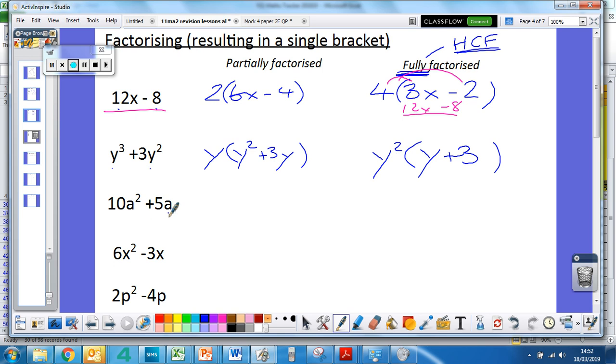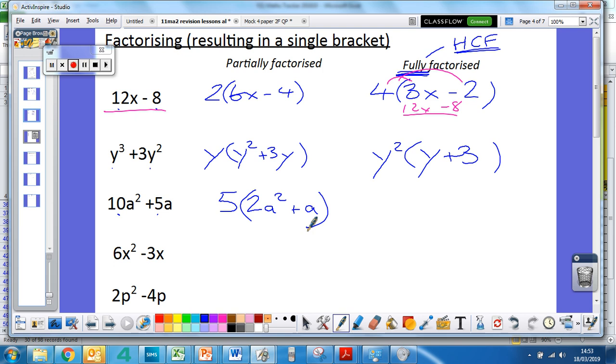You could look at that, and you could see that the highest common factor is a 5 numerically. And you could just pull out the 5 and say it's that times 2a squared plus a. And you would have partially factorised it because you only looked for the number part, the 5.